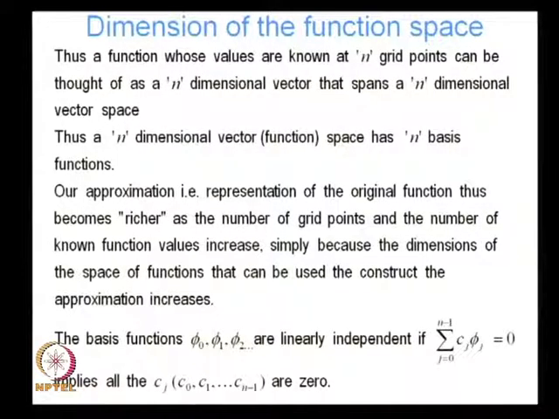Thus, a function whose values are known at n grid points can be thought of as an n dimensional vector that spans an n dimensional vector space. And then we go back to function. Thus, an n dimensional function space has n basis functions. Here, thinking of vectors is just for making things clear, because it is something most of you are familiar with.